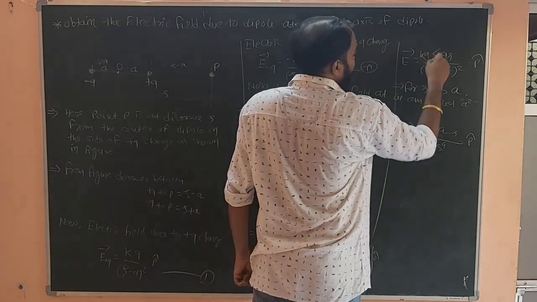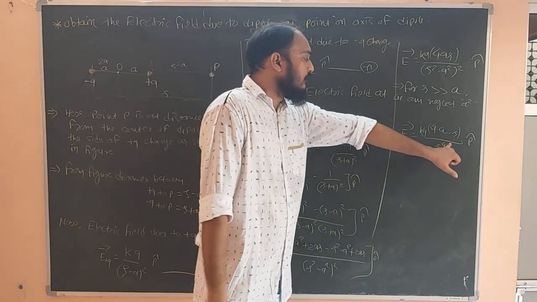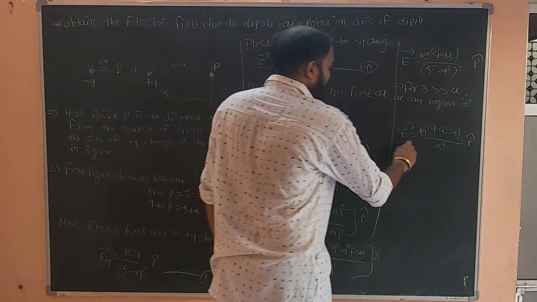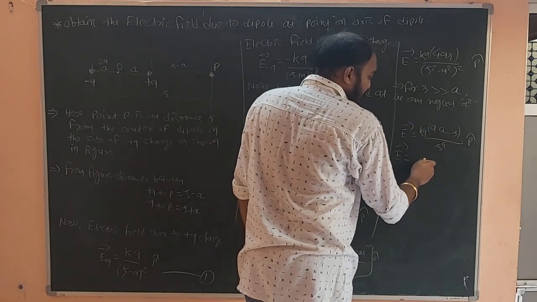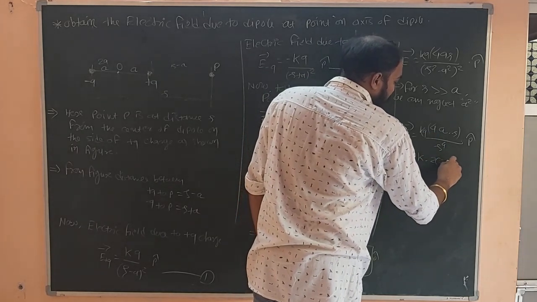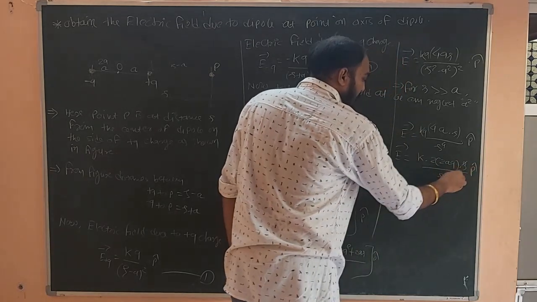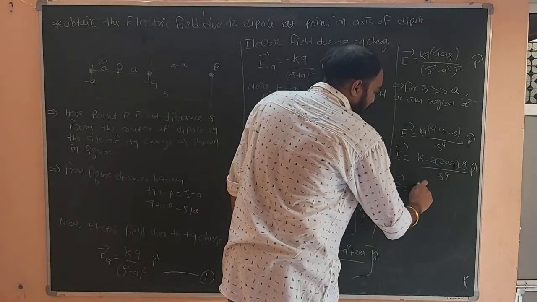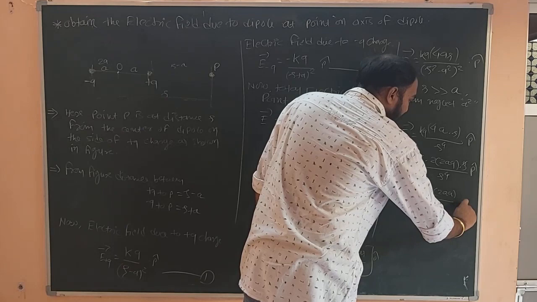Now R raised to 4, and in the numerator we have R, one R will cancel out. Now I can write 4A as K into 2 into 2A Q by R cube. One R will cancel out. So what will we get? E is equal to K into 2 into 2AQ by R cube into p caret.